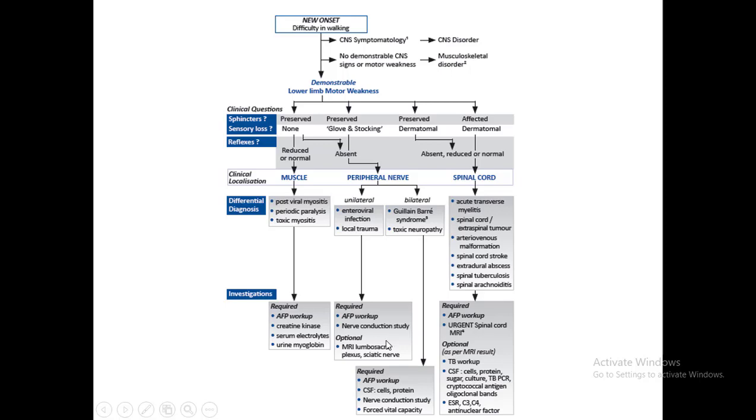In the peripheral nerves, you are going to do a nerve conduction study, and optionally you might need MRI for the plexus or the sciatic nerve. For the spinal cord, you need neuroimaging, which is spinal cord MRI, plus CSF studies, with other optional investigations whose choice depends on the clinical history and the other findings.